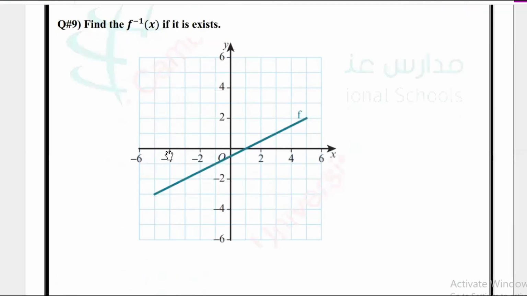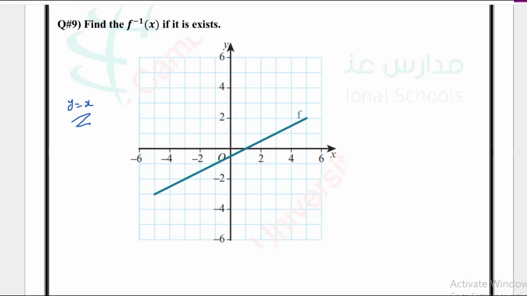Next, question number 9. Find the f inverse(x) if it exists. So whenever we have such a type of question, we check through the line y = x, which is called the reflection line as well. So we will draw that reflection line.